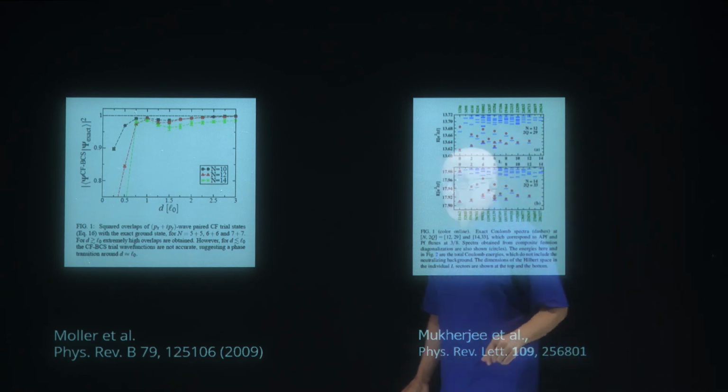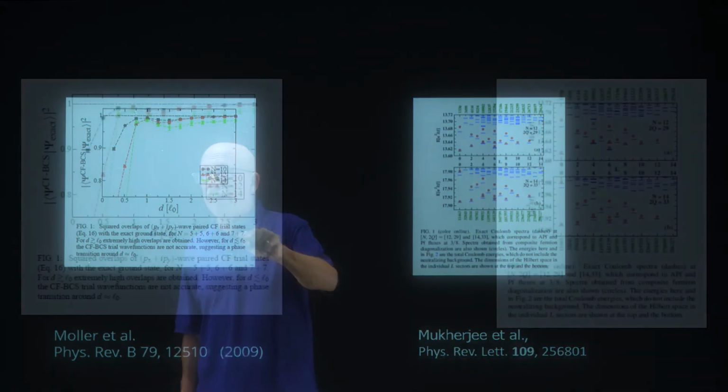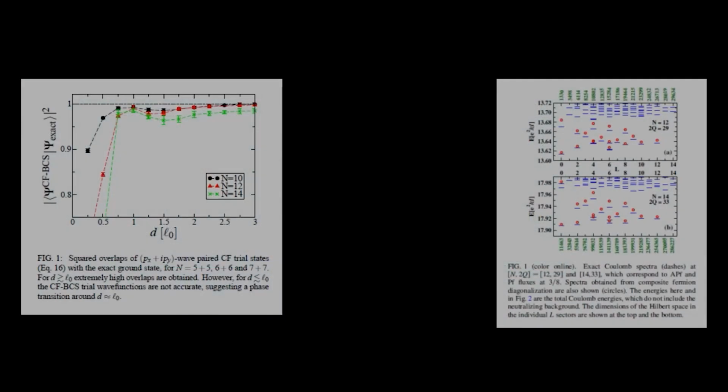In the first example, we see a calculation of the overlap of two wave functions, the exact wave function obtained numerically with a trial wave function. The overlap is of course calculated numerically, and it is plotted here as a function of a parameter in the system. This particular system is a bilayer quantum Hall system, and the parameter that we vary is the distance between layers which are coupled to one another.